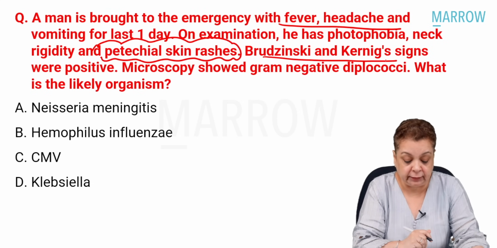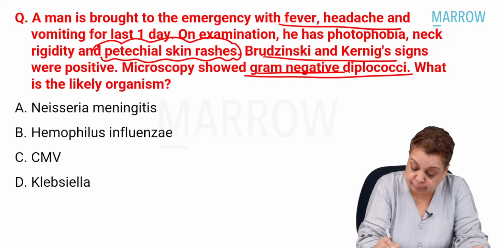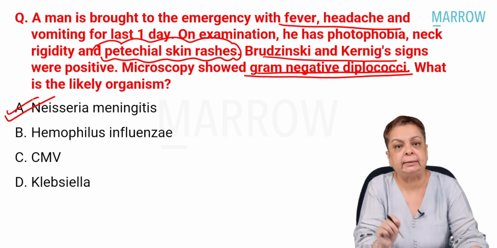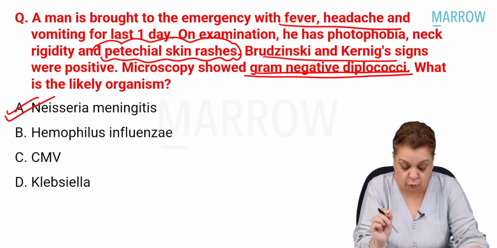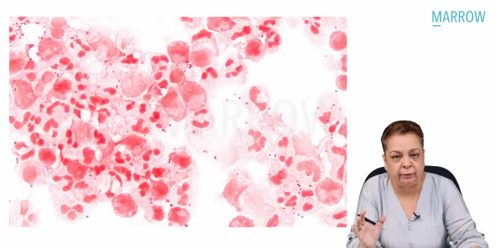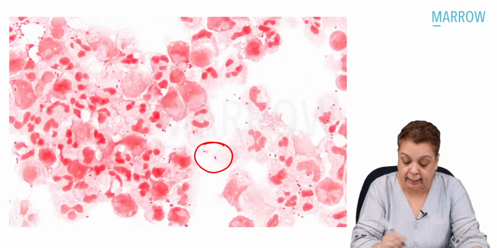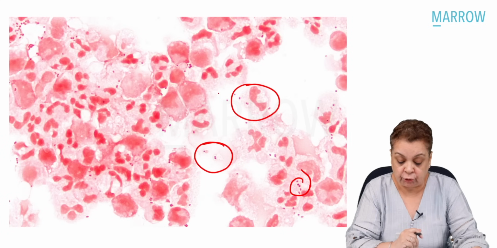Brudzinski and Kernig signs are positive. Microscopy shows gram-negative diplococci. We know the answer is Neisseria meningitidis. This is also a repeatedly asked question regarding meningococcal meningitis. It can also be asked as an image-based question. CSF can be shown. Gram staining is like this. So you can see the gram-negative diplococci out here. Okay. So pink colored diplococci.